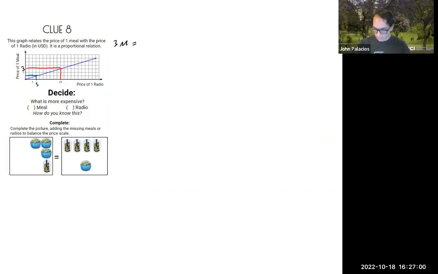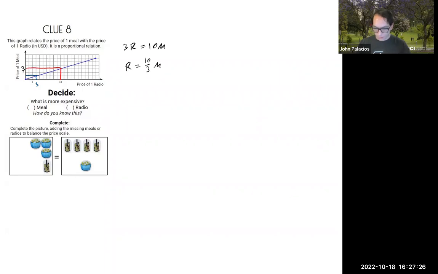So we have 3m is equal to 10r. Or I'm sorry, I wanted it the other way around. So we have 3r is equal to 10m from that graph, which means that the price of a radio is 10/3 the price of a meal.